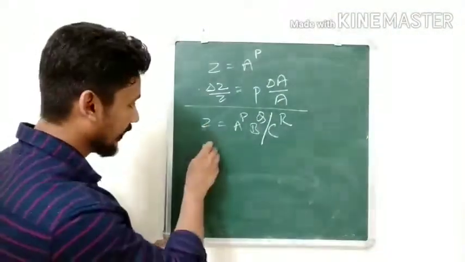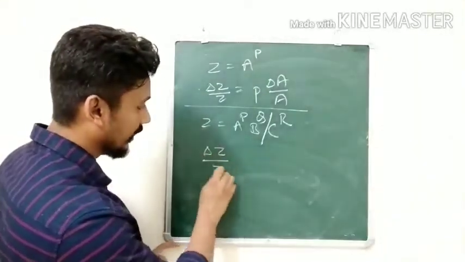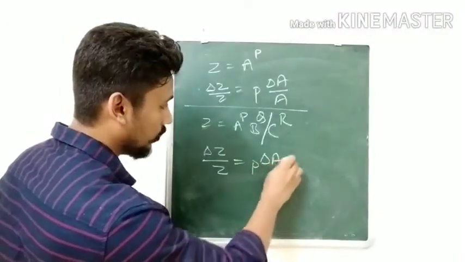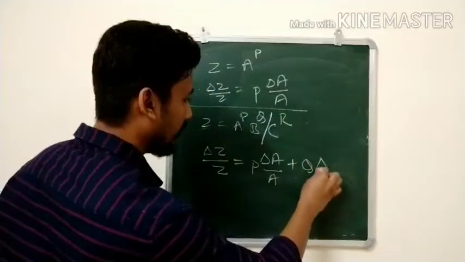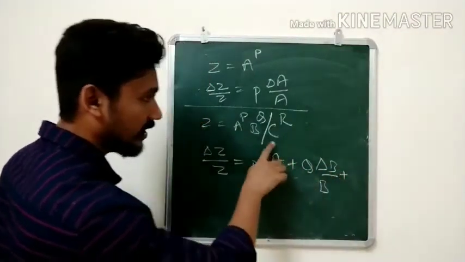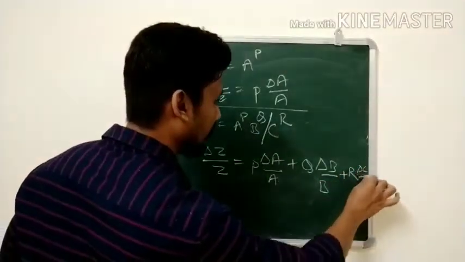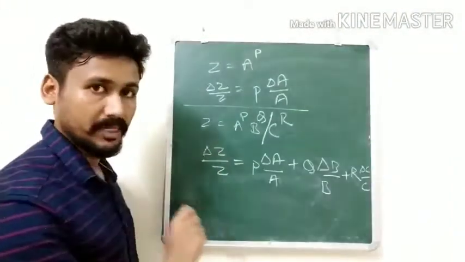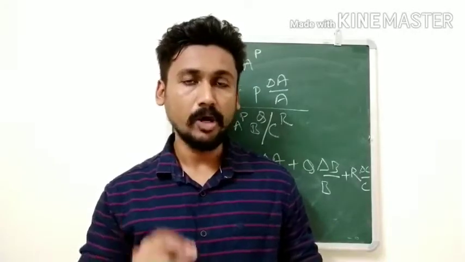The total error, that is the combination's mean absolute relative error delta Z by Z, will be equal to P into delta A by A plus Q into delta B by B. Again it will be plus, it will not be minus, remember, plus R into delta C by C. Correct? So this will be the error of the combinations. Okay, so that is how we can find errors of combinations.